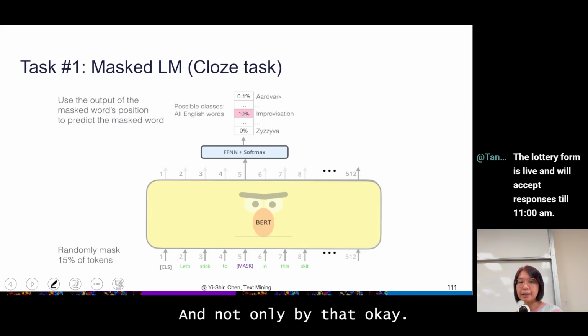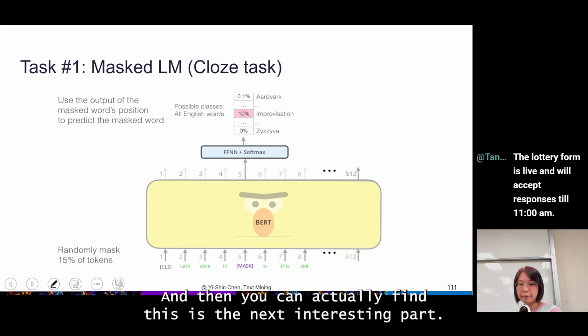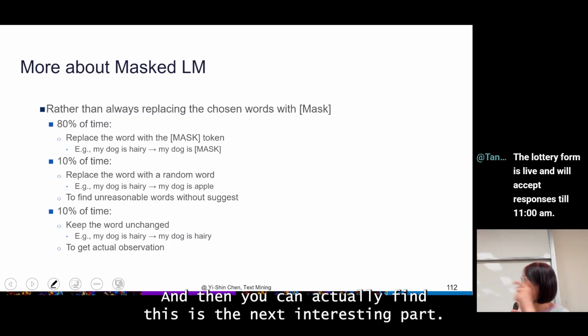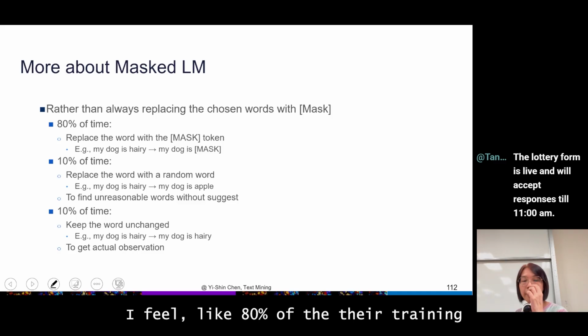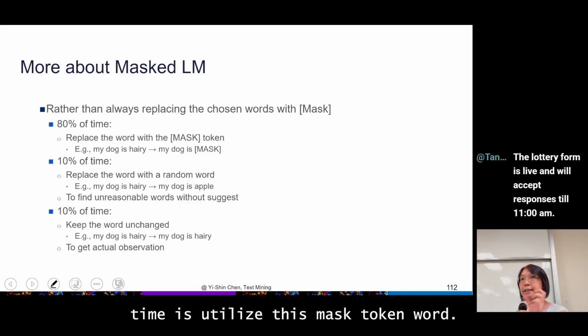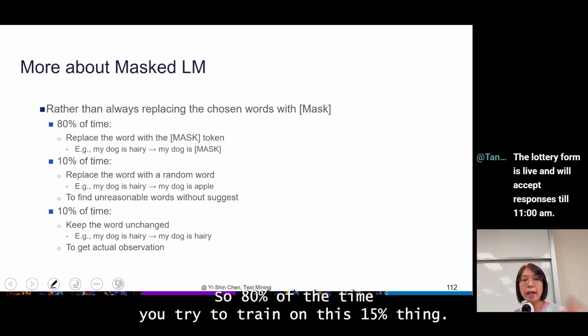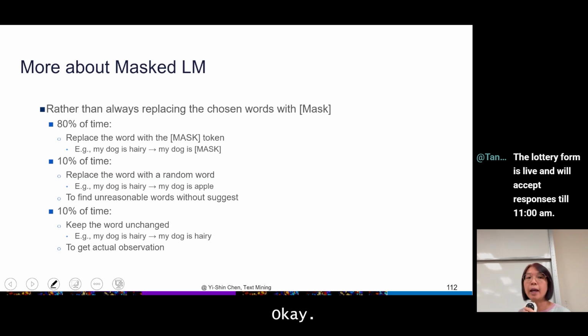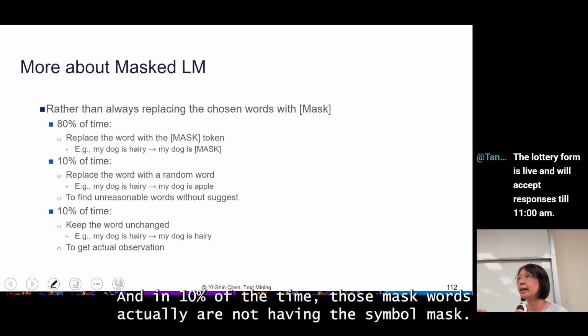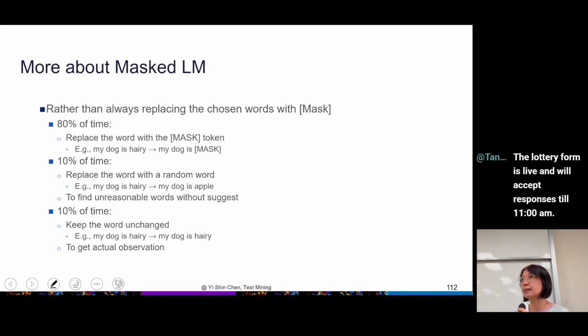And not only that, this is the next interesting part. I think 80% of the training time is spent on these masked token words. So 80% of the time, you train on this 15% of words. And 10% of the time, those masked words are not given the simple mask, they are replaced by some wrong word at random.